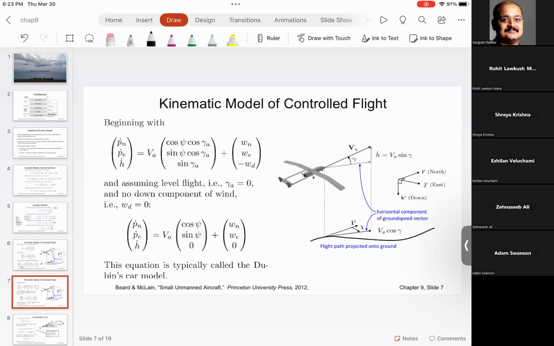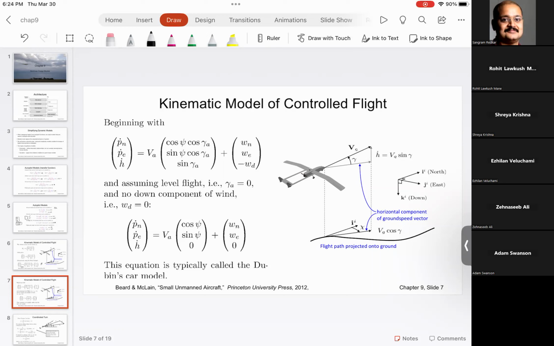So how can we proceed? Again, this is just a quick review of what we studied earlier. If you make a first level assumption that you are in level flight, which means the aircraft is not climbing, your gamma is equal to 0, and you do not have wind in the vertical direction, no downward component of wind, your equations get simplified, and you have just the equations for Pn dot, the north velocity, and Pe dot, which are purely dependent on the heading angle.